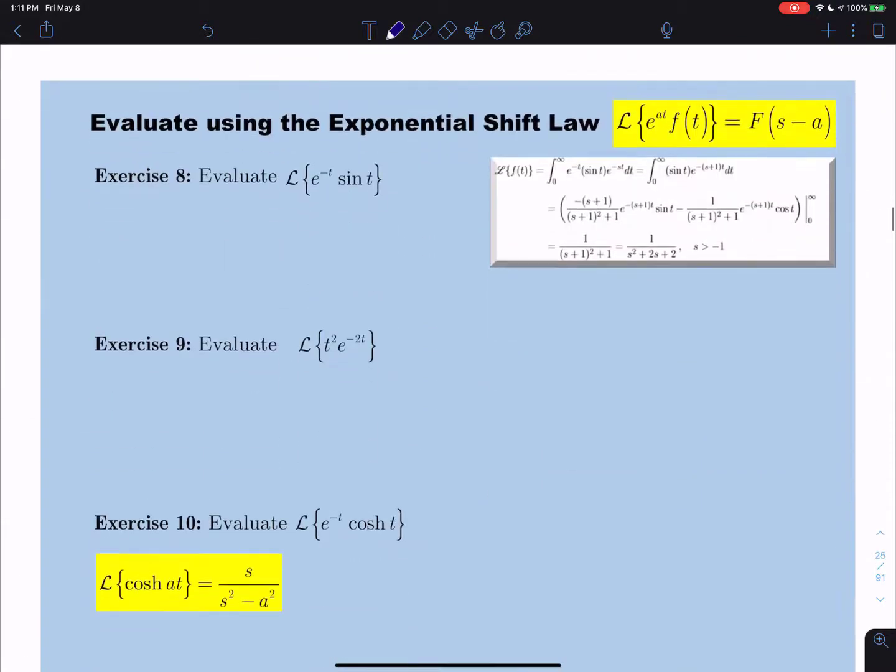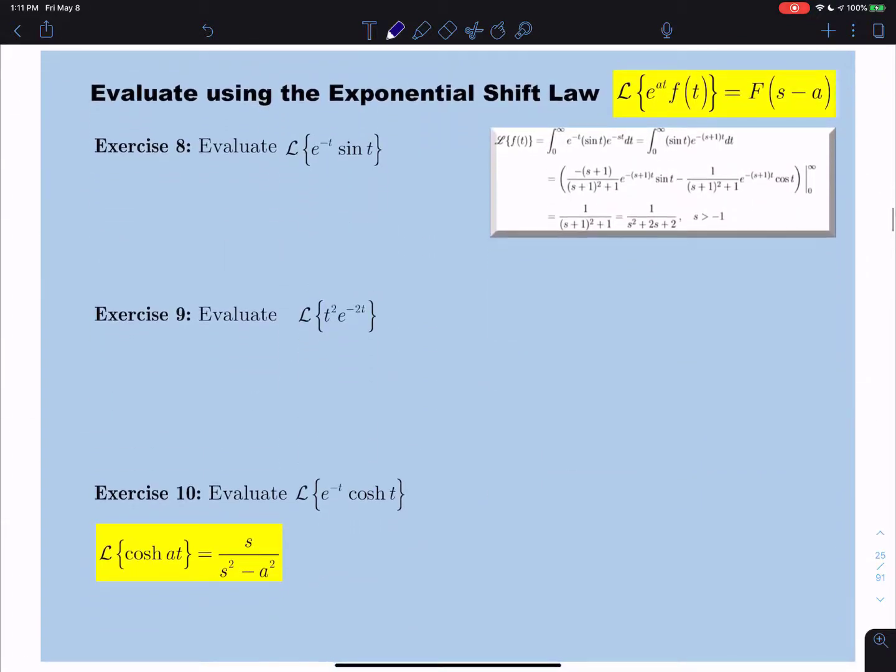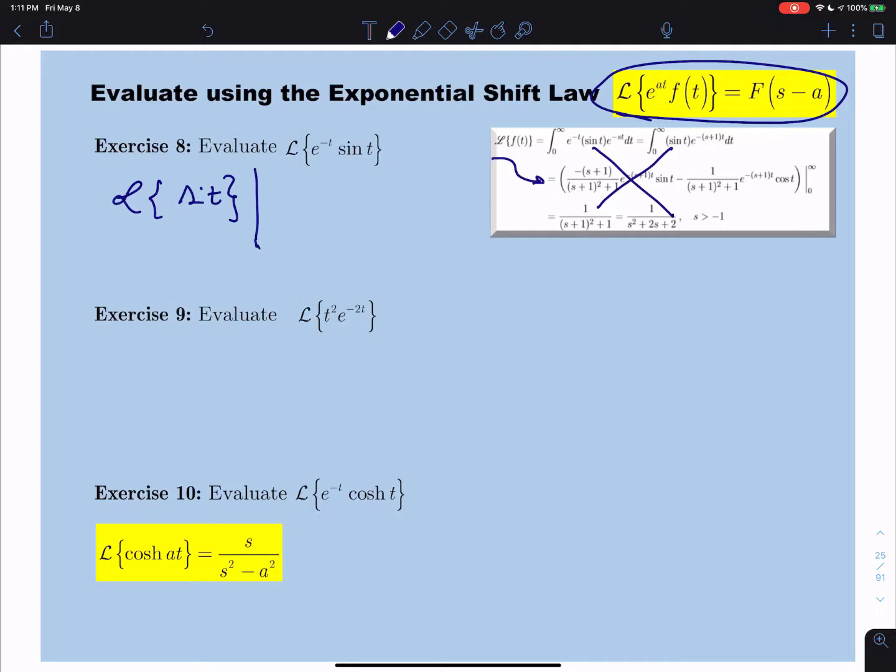This brings us to a whole bunch of problems I've given you to do on this page. I've shown you how to do it by integration by parts, but nobody wants to do this. Try this, and you'll see how easy it is to use the exponential shift to evaluate all this. For example, in the first one, all you have to do is find the Laplace transform of sine of t, and then evaluate it as s goes to s plus 1.